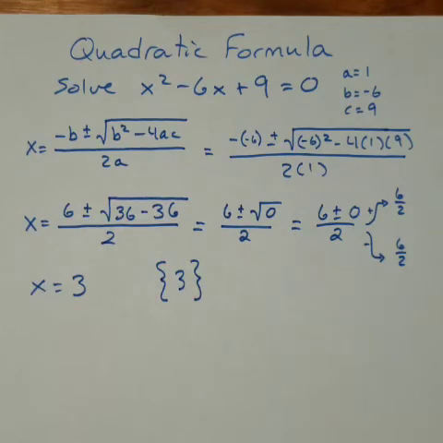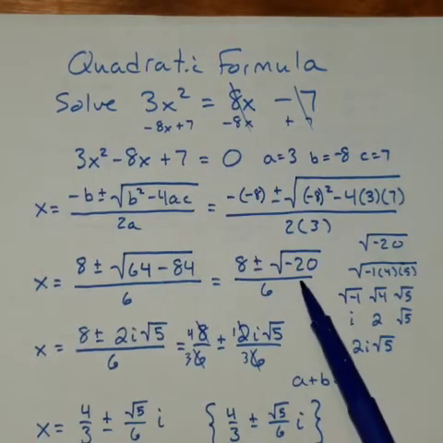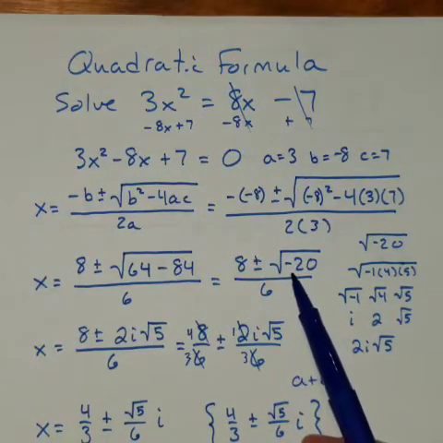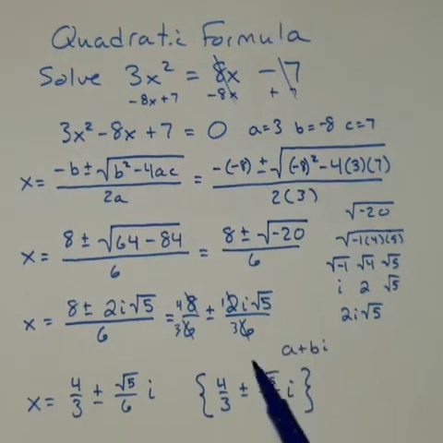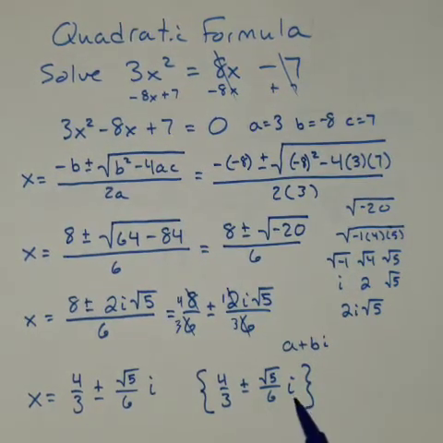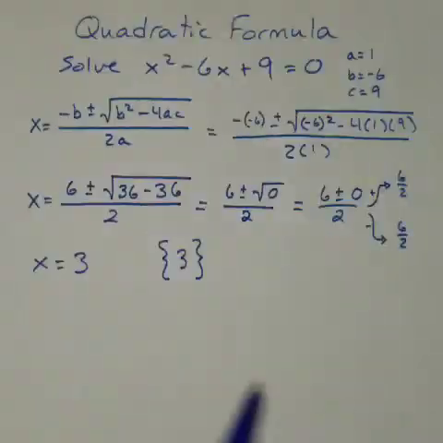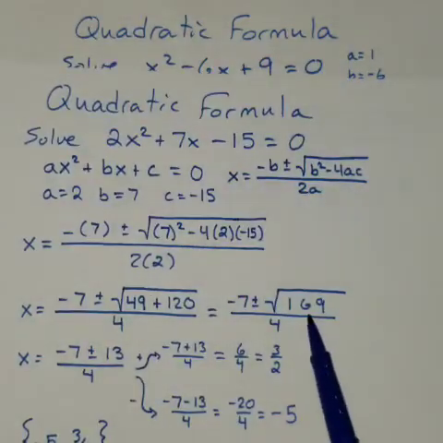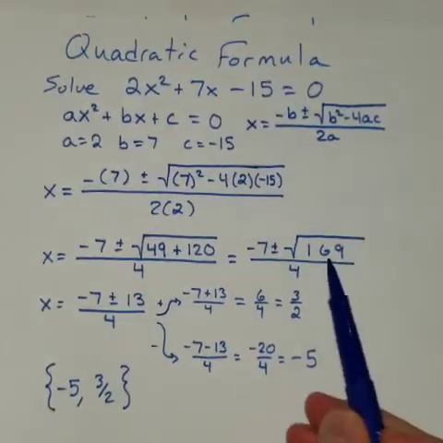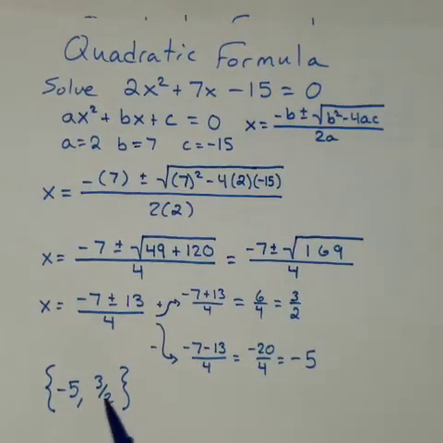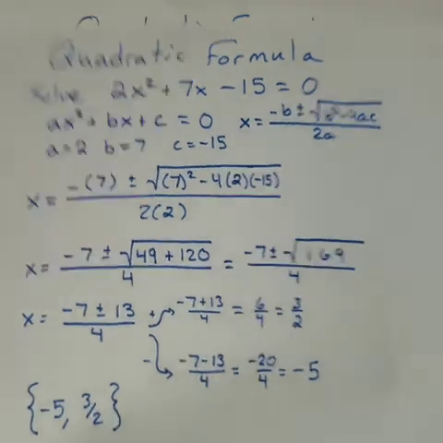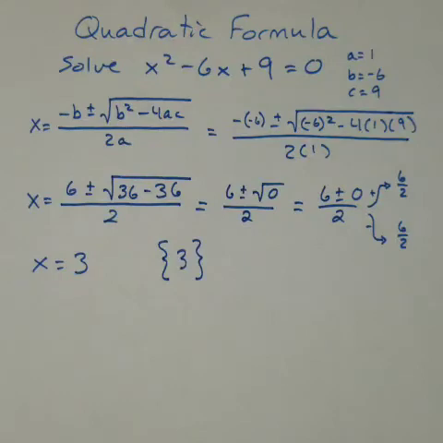In our previous example, I pointed out that the negative under the root yielded two complex solutions. And then in our first two examples, I mentioned that the positive number under the root gave two real solutions.